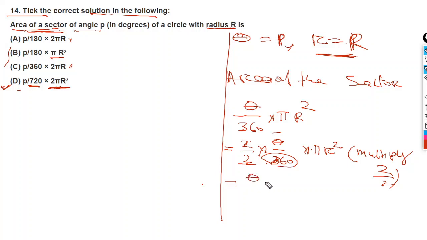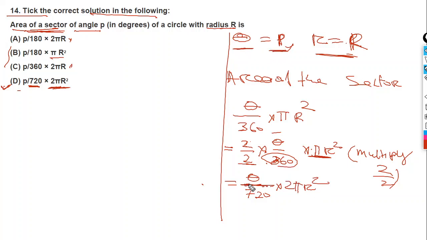So it will be equal to theta by 720 into pi r square. So here it is 2 pi r square, but theta is not here. Who is theta?